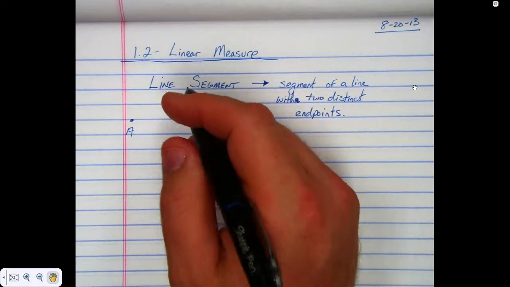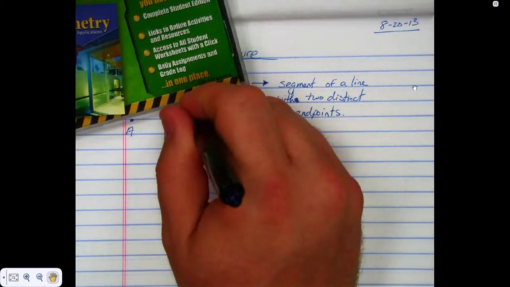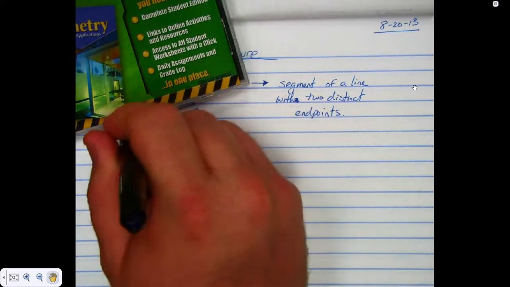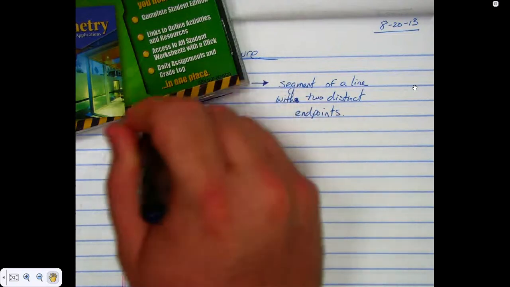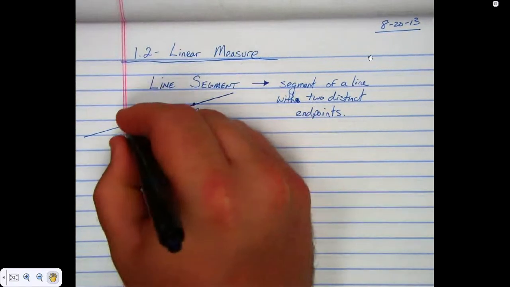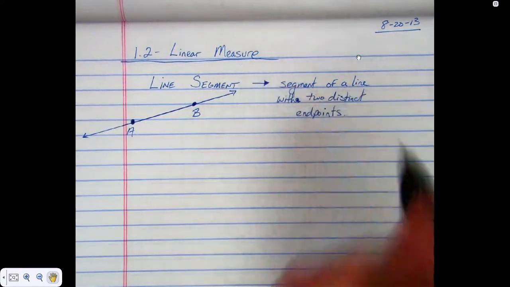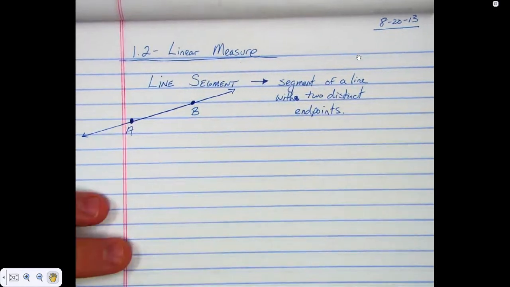What do you think, when I connect the dots, guess what I have? I have a line segment. A and B are a part of a line, are they not?